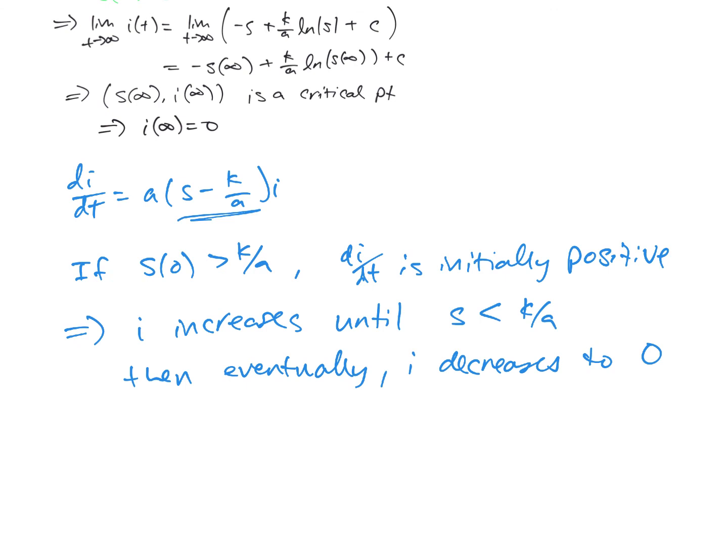There's an example in the book where they actually plug in the actual numbers from a flu epidemic, so that you can use these models to see how many people are going to have to be infected before we start decreasing. What does this k over a mean? What are those constants and what do they mean in real life? And that's what epidemiologists do and how they use these types of models.